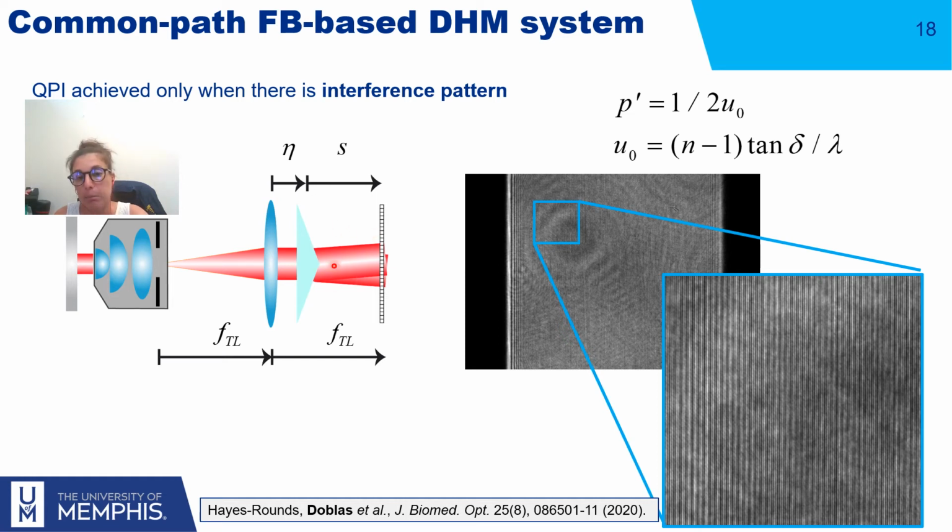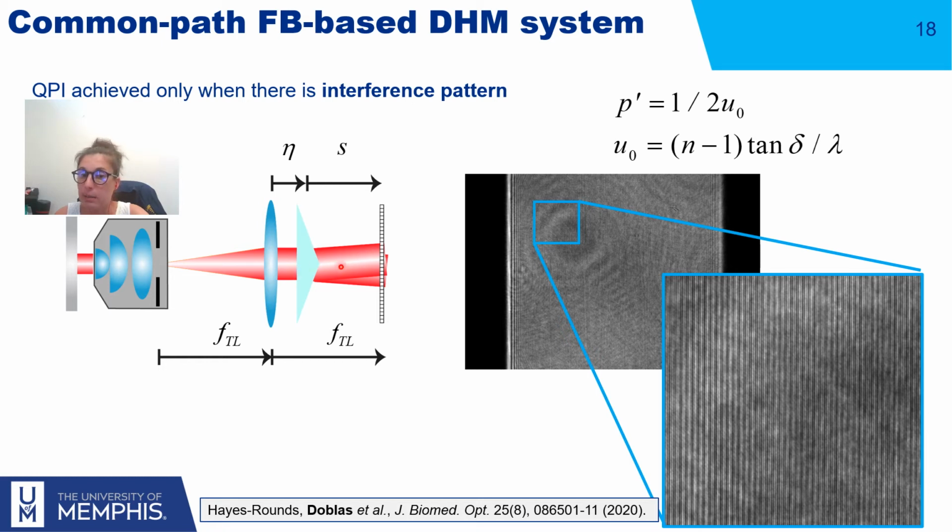So at any plane after the Fresnel biprism, we're going to have some interference fringes. Here is how we have the interference fringes, here at the edges, because there are some diffraction effects coming from the edge of the biprism. The Fresnel biprism is illuminated with a plane wave.